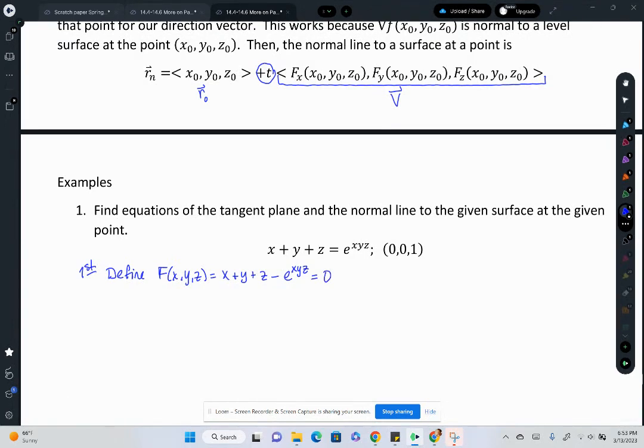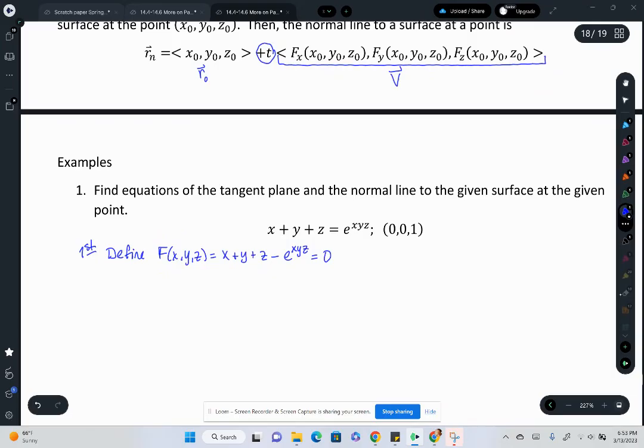Okay. The second thing we need to do is calculate the gradient of F. So we're going to run through and take partial derivatives. The first partial with respect to x is just going to be 1 plus 0 minus e to the xyz.